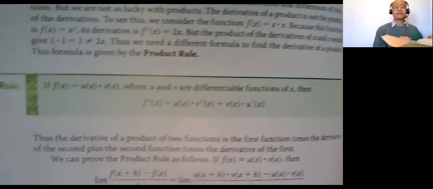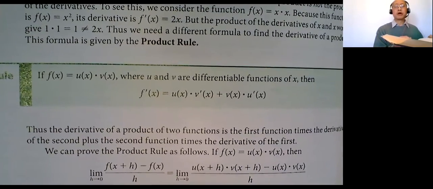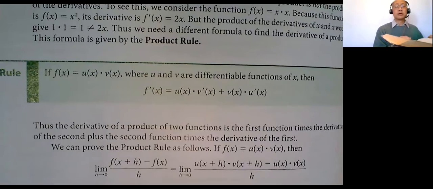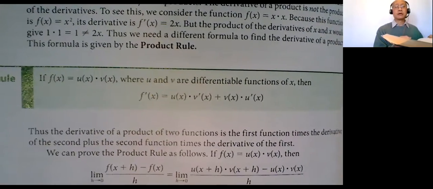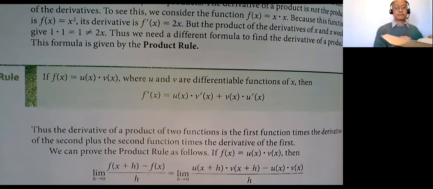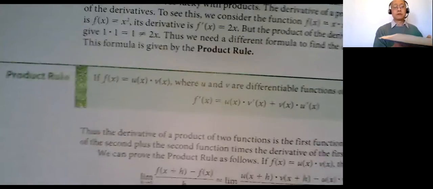Something times something. So u v prime plus v u prime in short. Okay, you just copy the first function and you multiply it by the derivative of the second, plus the other way around, second function times the derivative of the first. And I'll show you a bunch of those. Okay, that's the product rule.